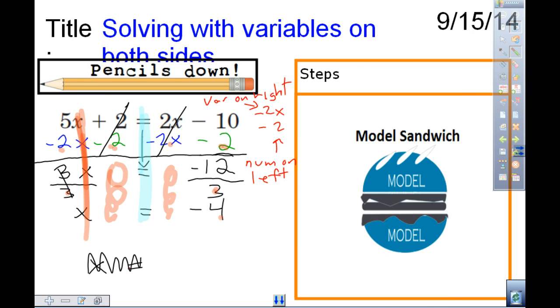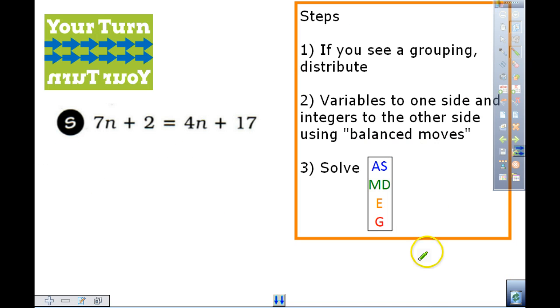Let's have you guys practice on a few of these. Okay, write that one down in your paper. Write it down.